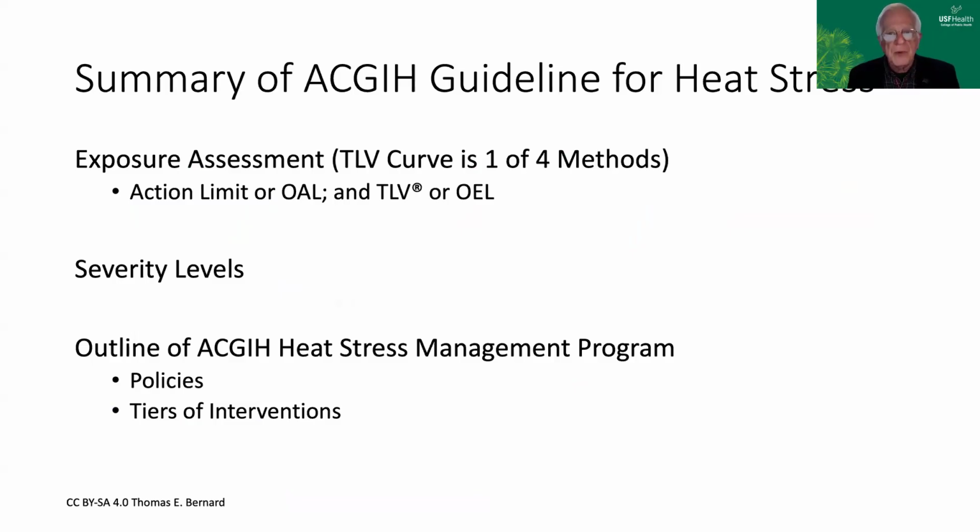And what's important of those 4 methods is that looking at that traditional TLV curve, that trade-off between the level of heat in the environment and the metabolic demands is literally the TLV that we're trying to promote.